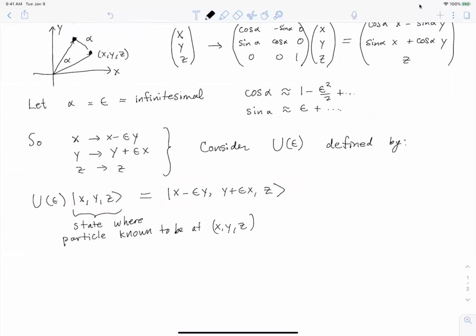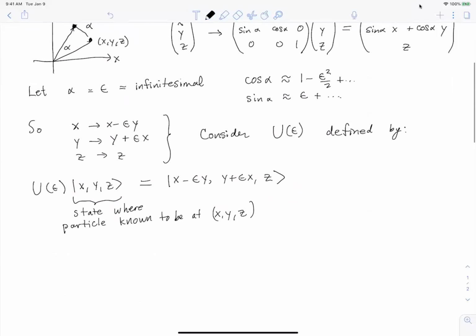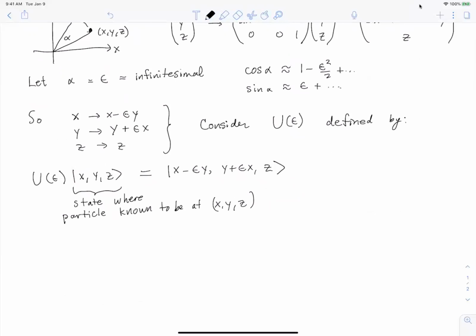So the fact that we've done a change of basis, whenever you hear the word change of basis in quantum mechanics, that is supposed to tell you that there's a unitary operator that does the change of basis for you. Okay, so change of basis. We discussed this in general for transformations a while back. This is telling us that we have a unitary operator.